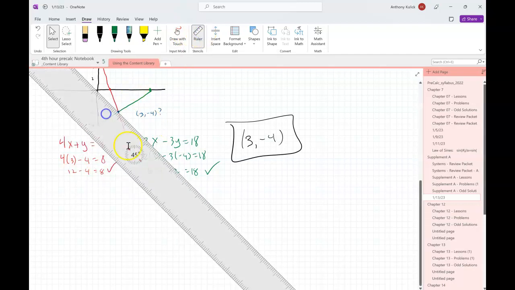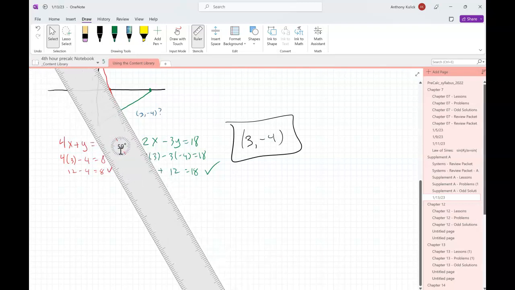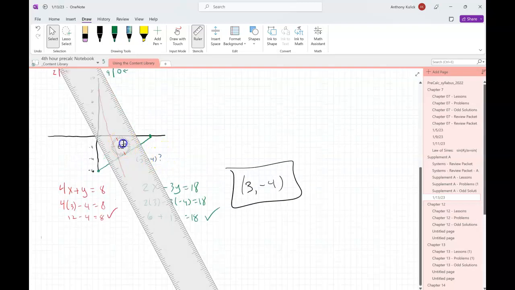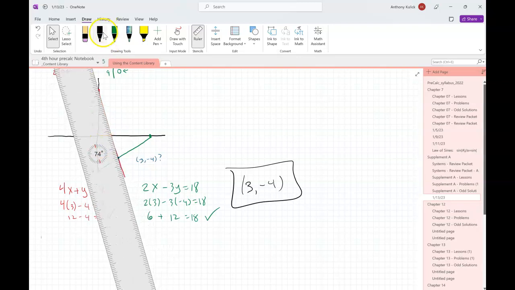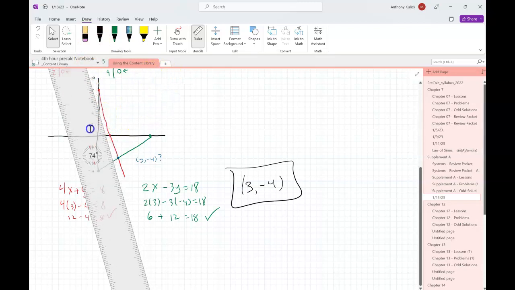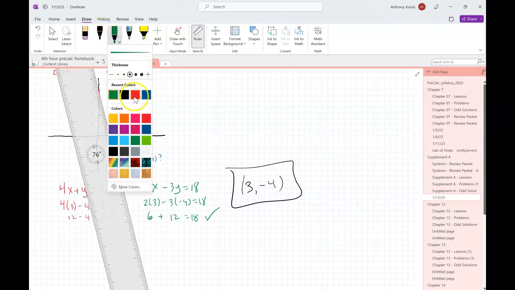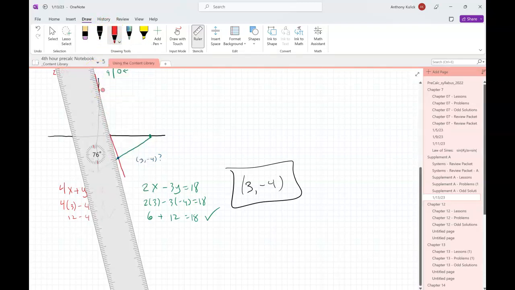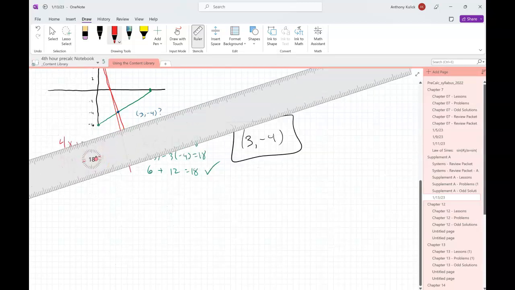Look at this. I could have done this. How do I spin that now? There we go. See, there, I knew there was a way to do this. Isn't that awesome?